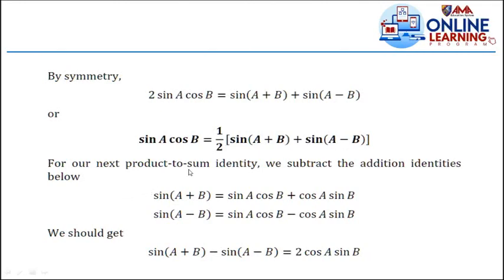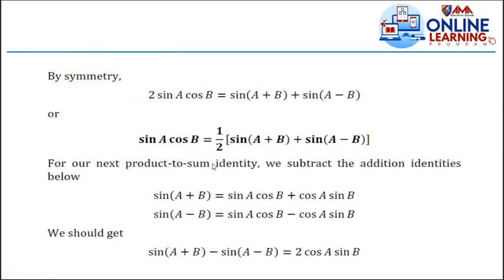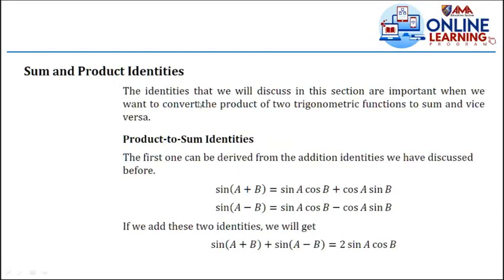For our next product to sum identity, we subtract the addition identities below. Sine A plus B is equal to sine A cosine B plus cosine A sine B. Sine A minus B is equal to sine A cosine B minus cosine A sine B. When we added these two identities, this was the result. That is why they are called sum and product identities.